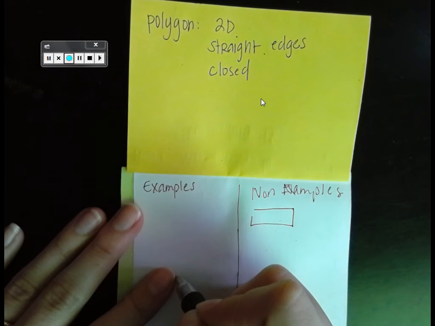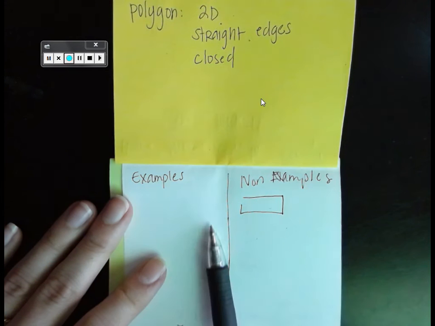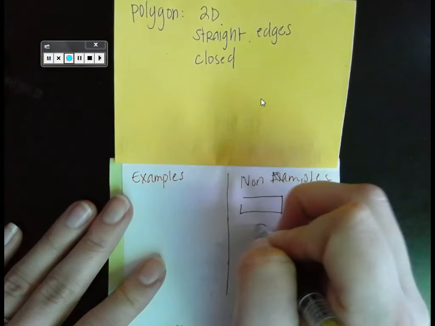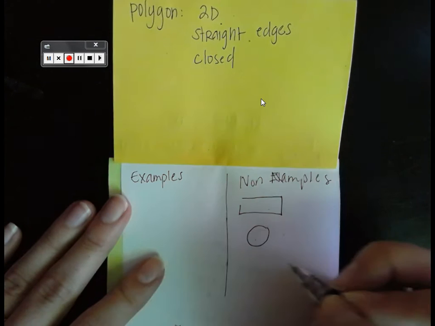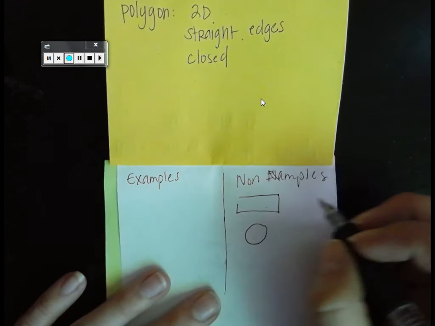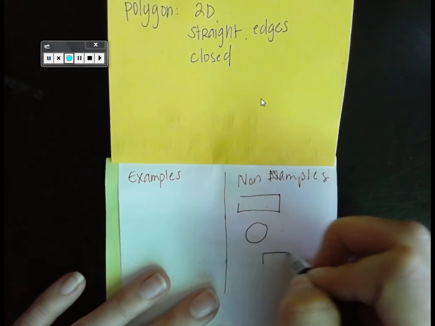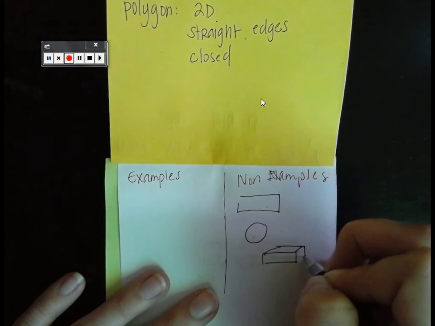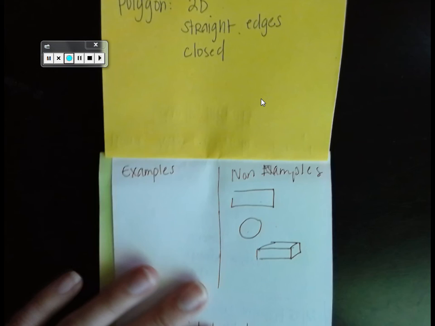A circle. Let's do a circle. Is a circle an example or non-example? Non-example, because it has curves. If you draw anything 3D, for example, like the box of staples I just showed you, it is not good because that's 3D. Do you see the difference? Yes.